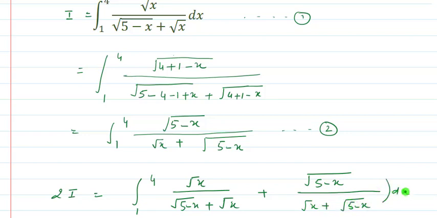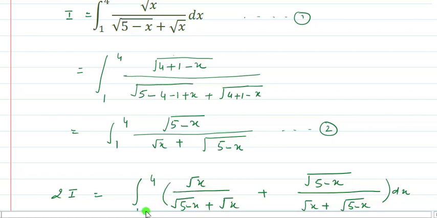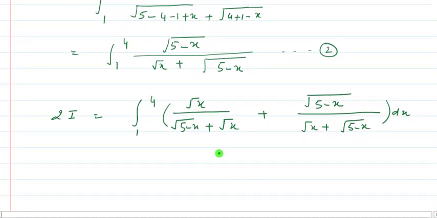You should be careful about one thing, that these properties, either 0 to a or a to b with a plus b minus x, should be used in the case where we find that the denominator does not get changed after applying this property. The reason is that after taking the LCM we can simplify the question in an easier way. So now taking the LCM of these two, clearly we are left with only 1 into dx.